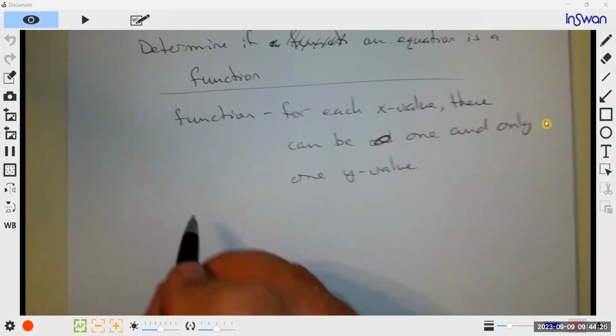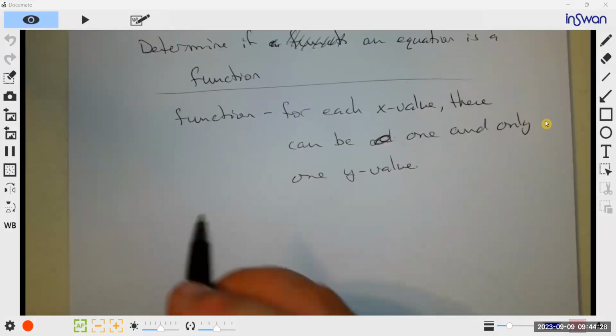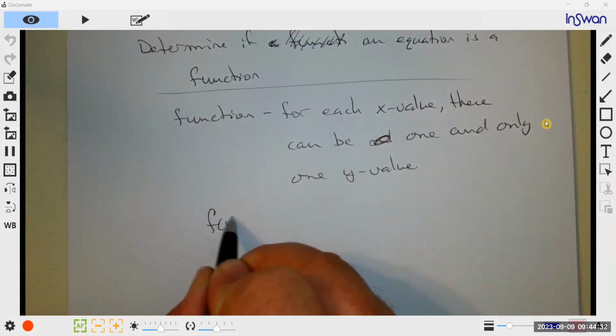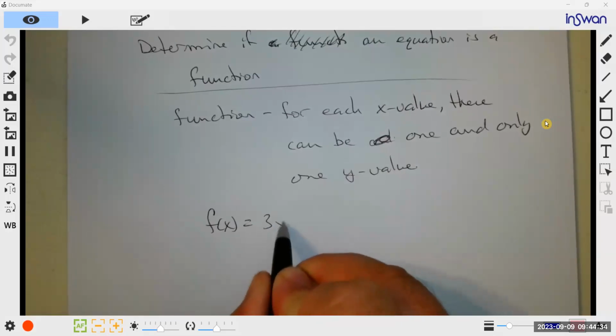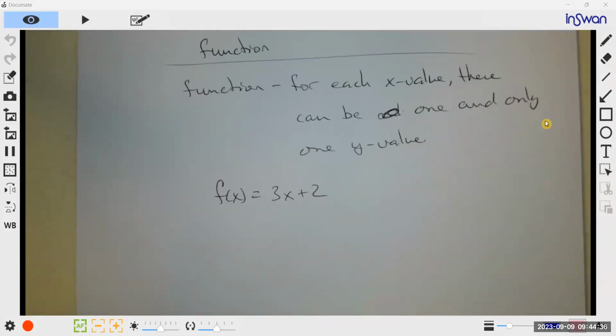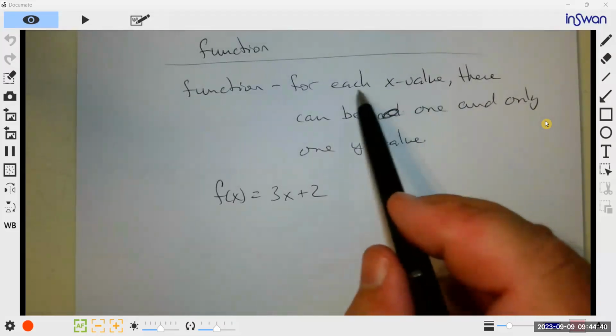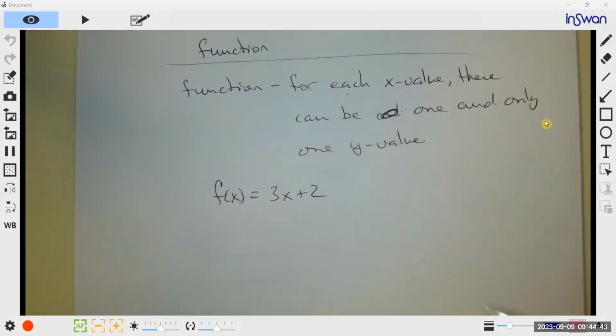And this is always true for linear equations.